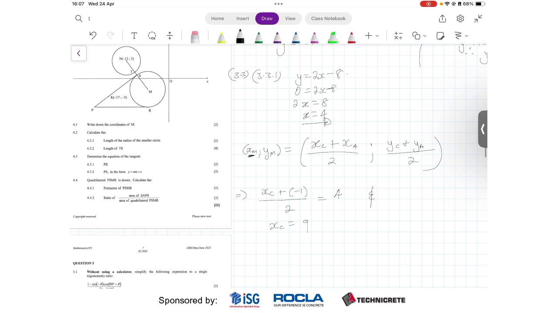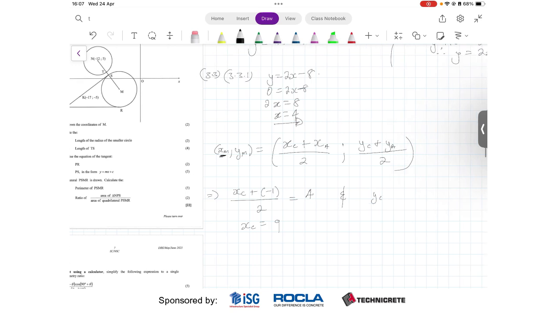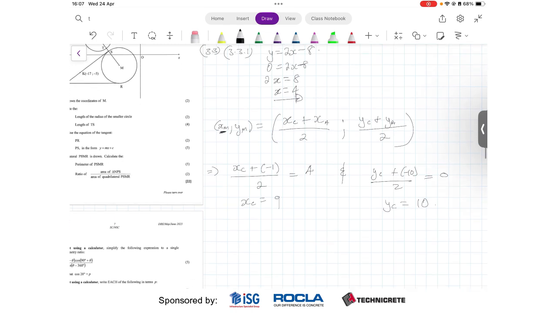And YC plus YA, which is -10, divided by 2 is equal to 0, which tells us that YC is equal to 10.